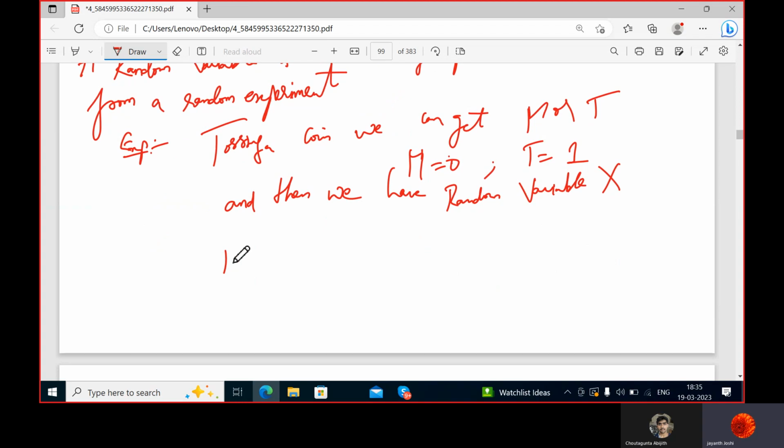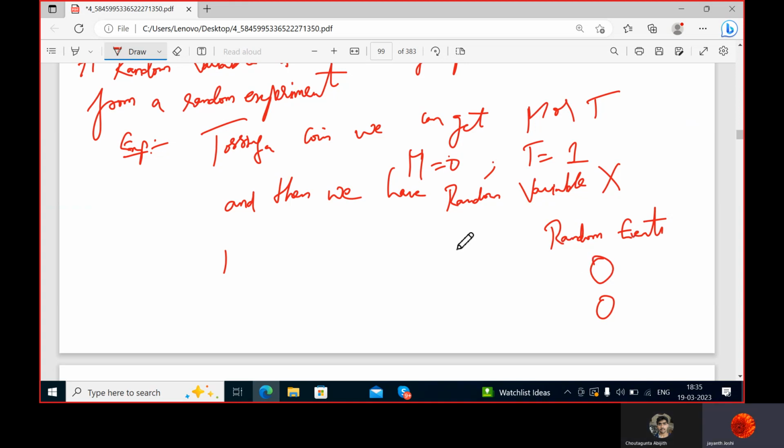So let's take random events, like you have a coin here, and you toss the coin. There are two outcomes it can have. For those outcomes, we have given some values, 0 and 1.